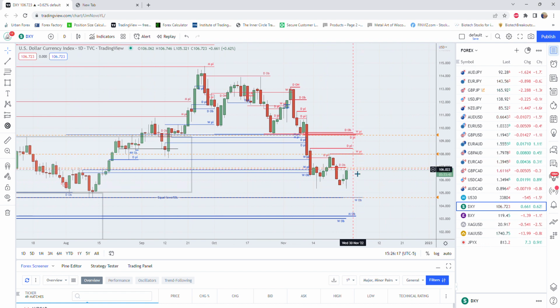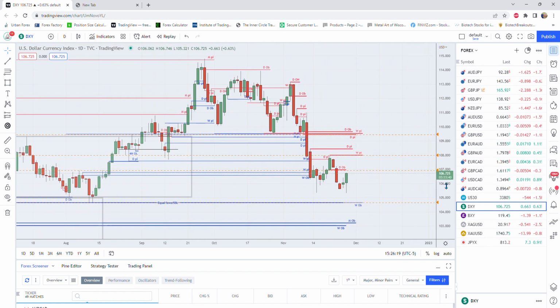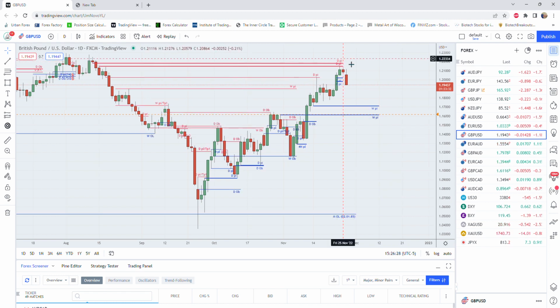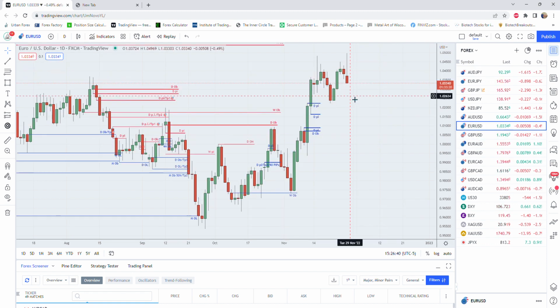And this translates into other pairs involving the US dollar. If we take a quick look at, let's say, GBP/USD, you can clearly see where US dollar strength affected the pound-dollar Forex pair. This day went bearish when the dollar index was bullish. If you go to EUR/USD, same thing.